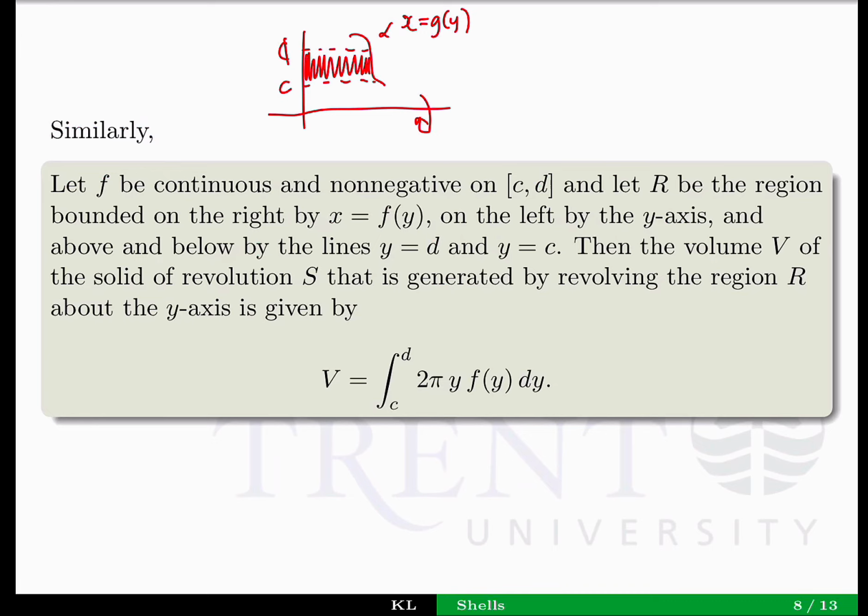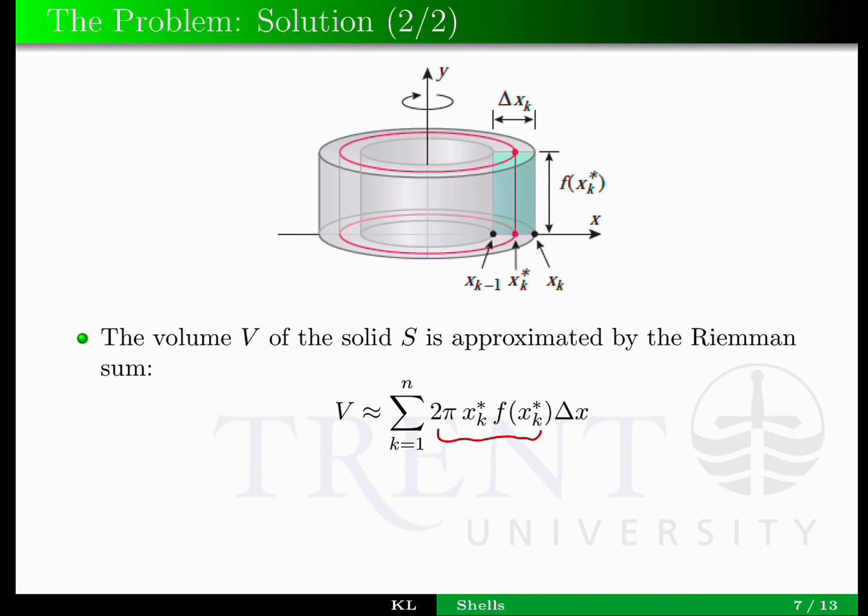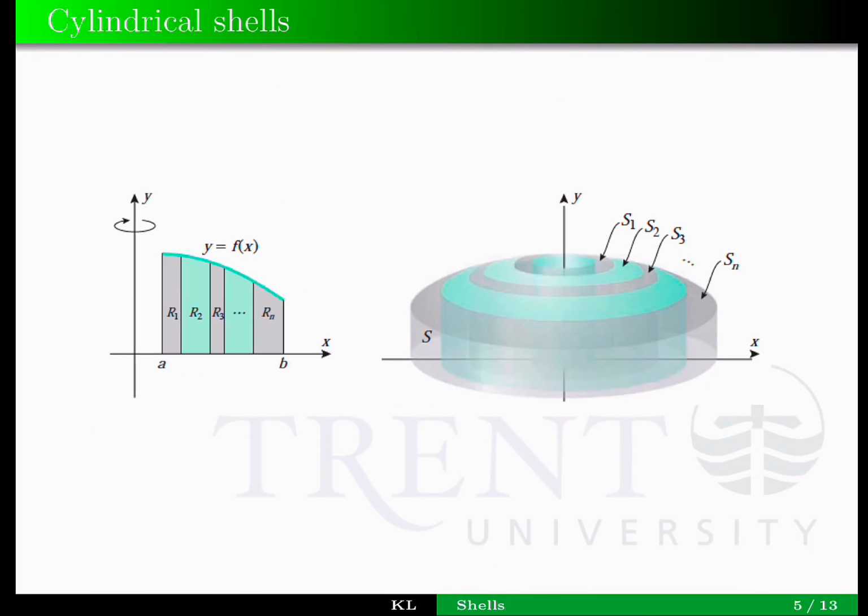Horizontal axis of revolution, your strips are here. Okay? In the vertical case, your strips are vertical. The axis of revolution is vertical. The strips are vertical. So since the strips are vertical, the variable that we're going to use is the variable x.